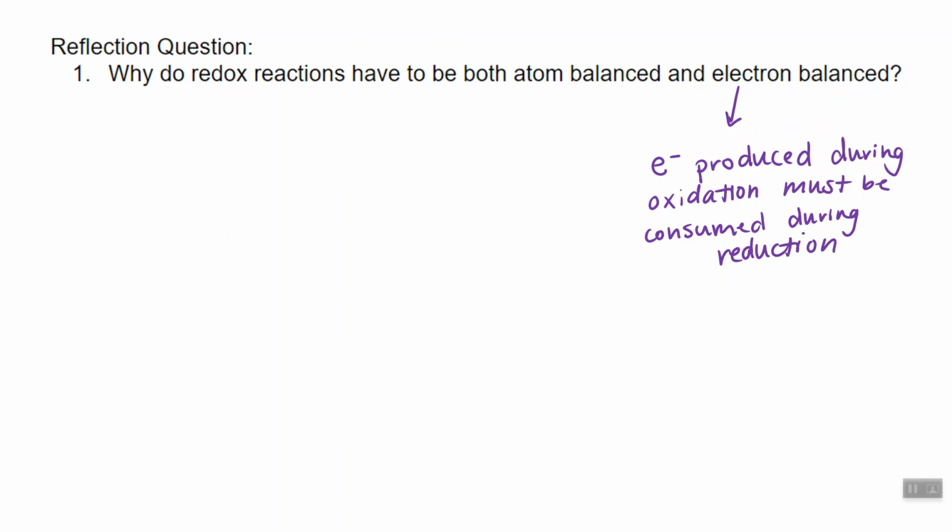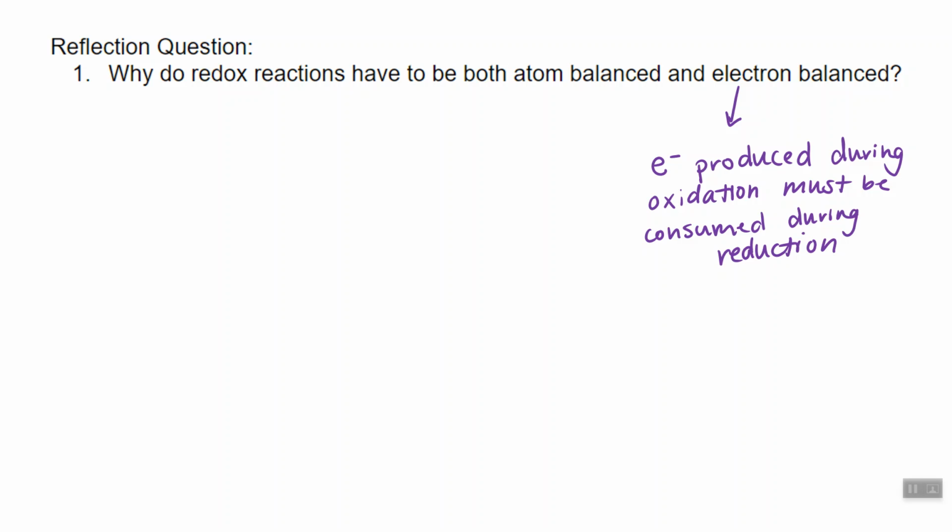So these half reactions are paired. This oxidation and reduction are paired because one step makes electrons and the other step consumes electrons. So we have to make sure that the number of electrons consumed and produced is the same.